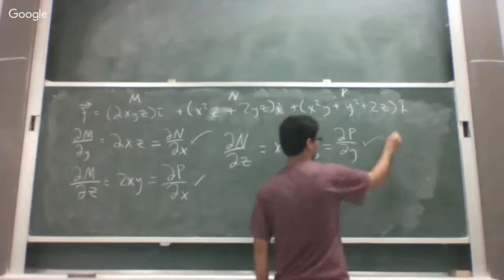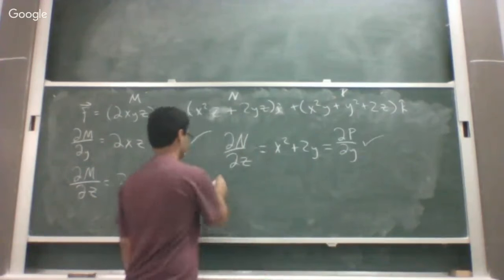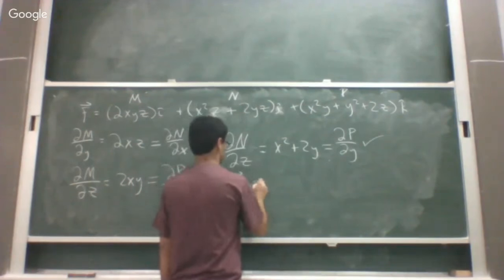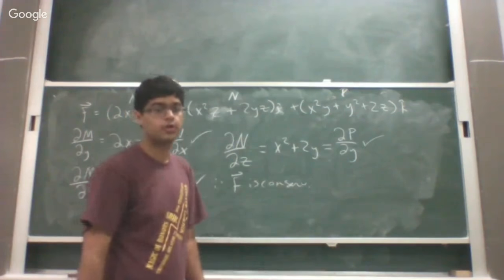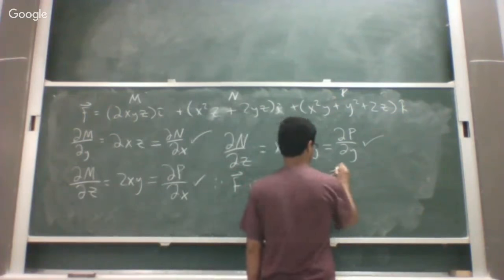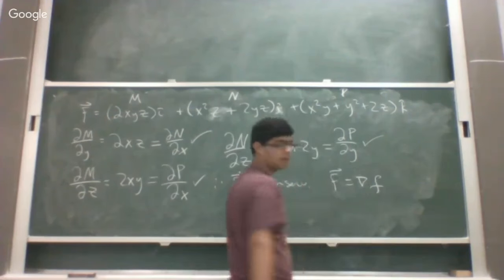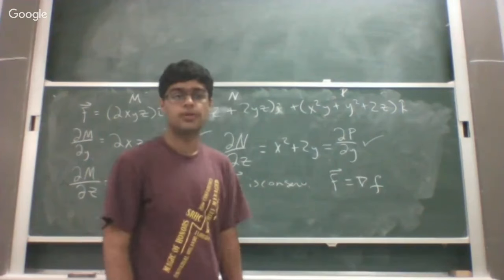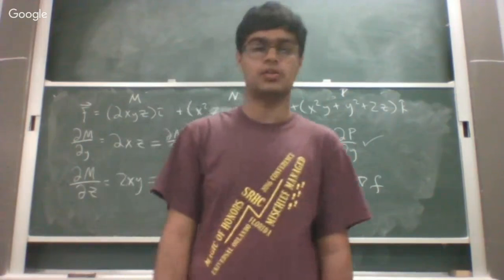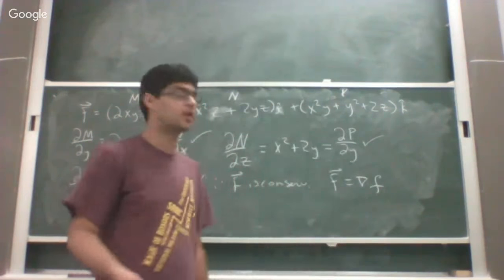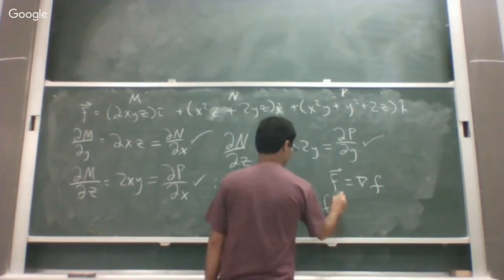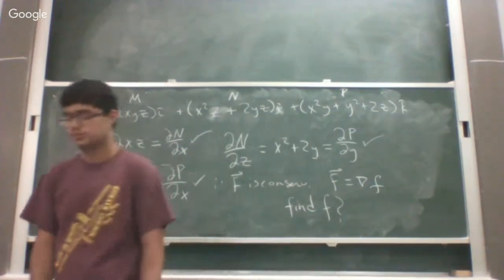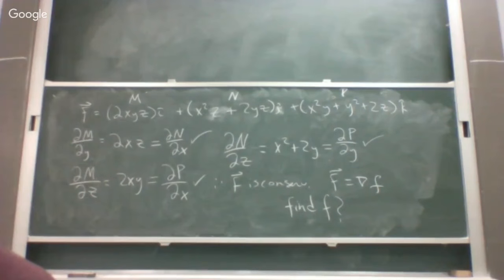So we know this is conservative, so the relationship is valid where f is the scalar function. So now we have to find f.